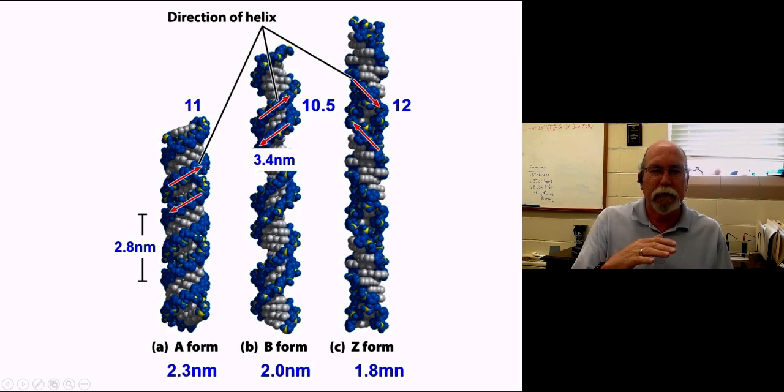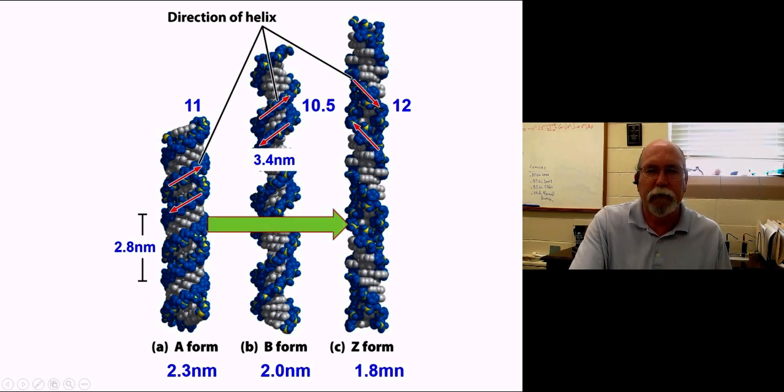It's also thought that the A form is probably important in packing in certain bacteria, a way to get a more condensed chromosome into the bacterial forms, which don't have a lot of the complex types of chromatin that we're going to see later on when we talk about eukaryotic DNA. So it's one of the ways that we can have a compression of that and get more packed in.